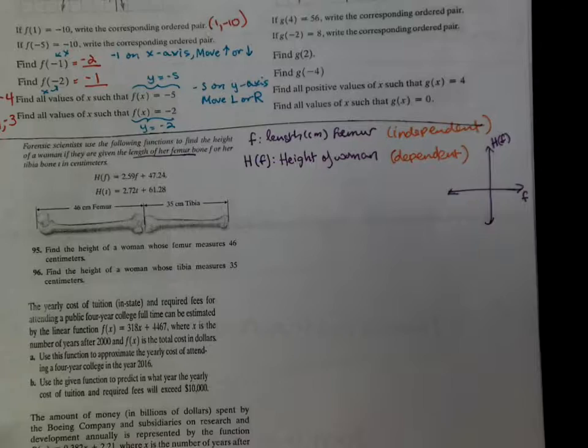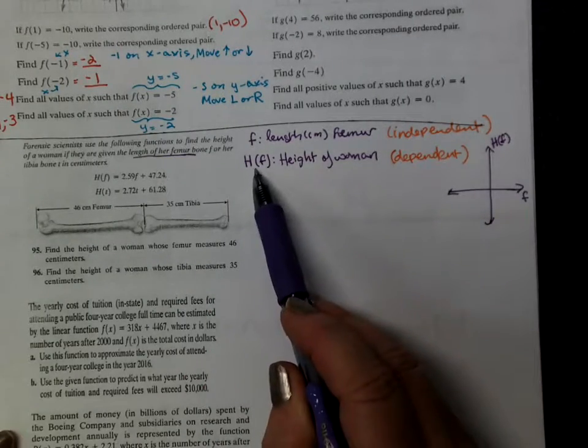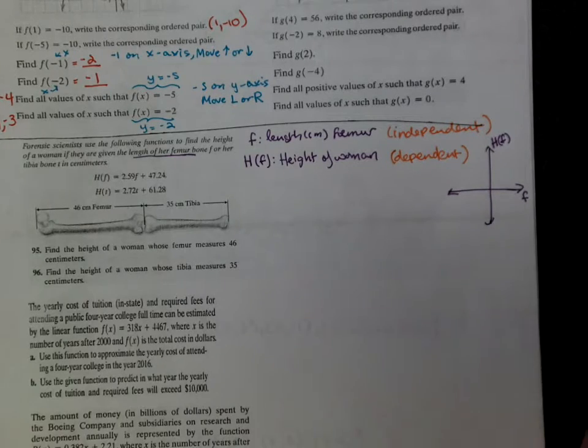That height depends on F. So you've got your independent variable, which is generally your X-axis, and your dependent variable, which is the value of the function, which is your Y-axis.